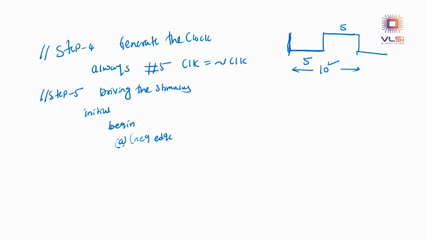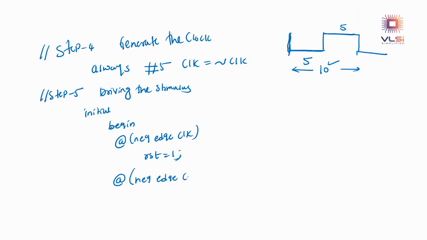Why are you giving negate of clock? In order to overcome setup time and hold time. If you give at posedge of clock and your output is changing at that posedge, you will get violations of setup time and hold time. And at negate of clock, reset equal to 0.